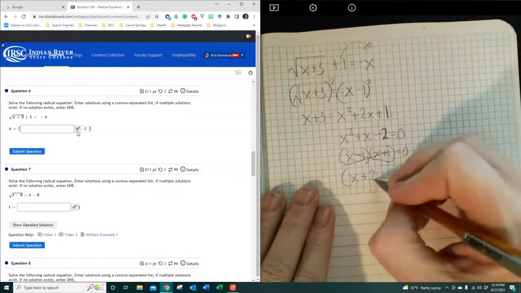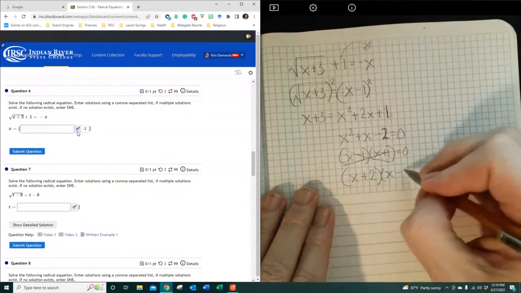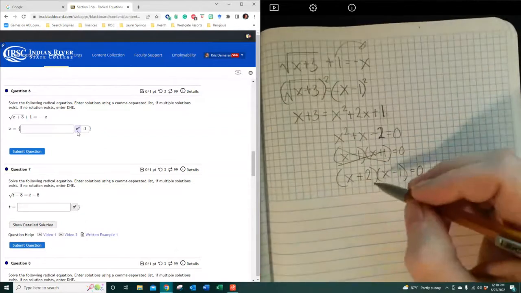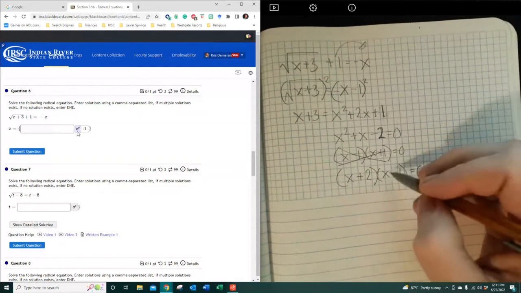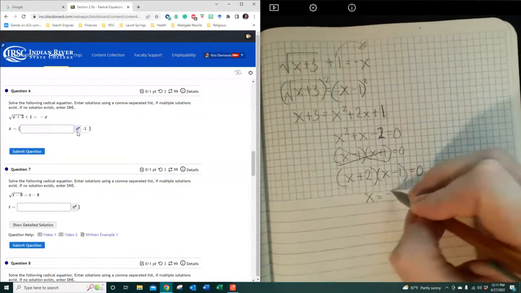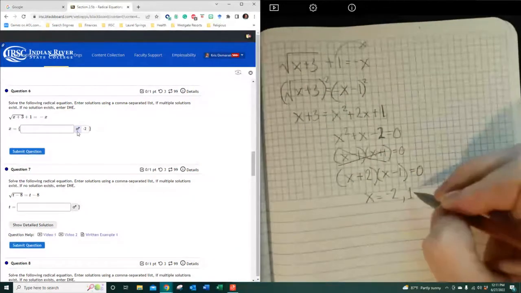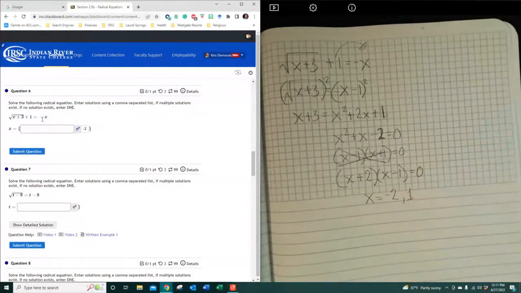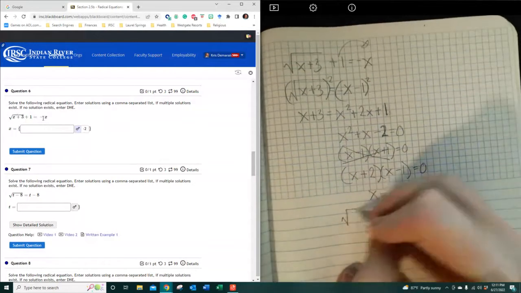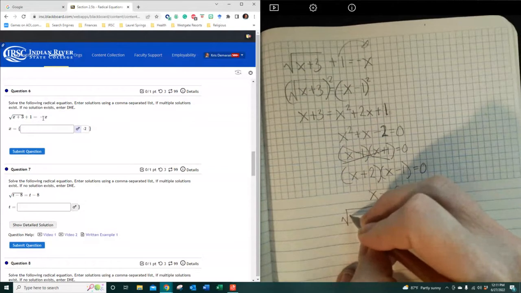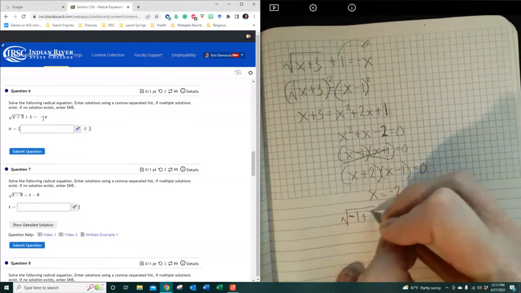So here we have this. Now that works because when we isolate it, this means x equals -2 and x equals +1. We put in +1 in here and it'll be -1.